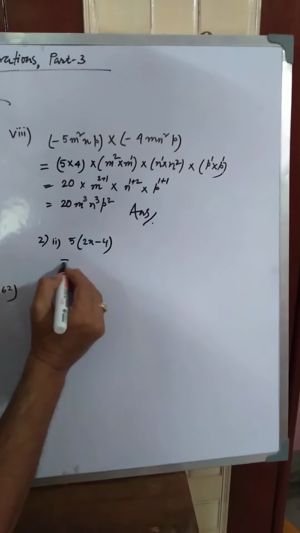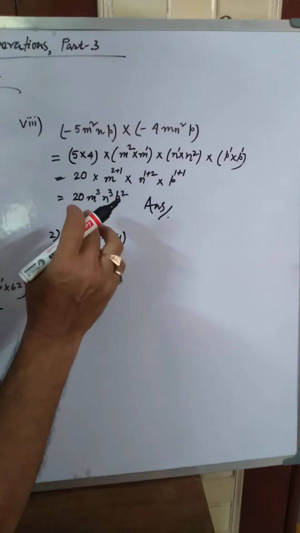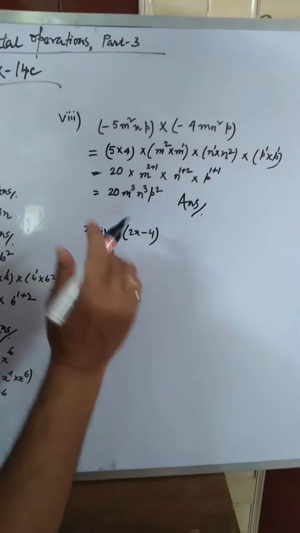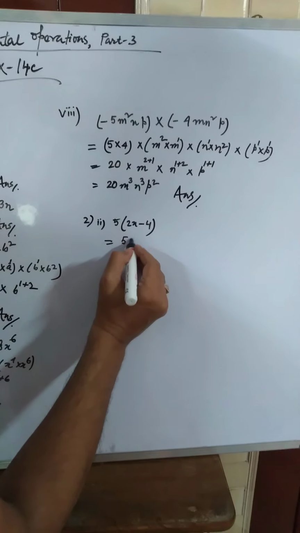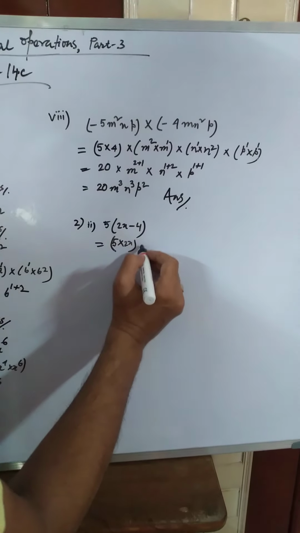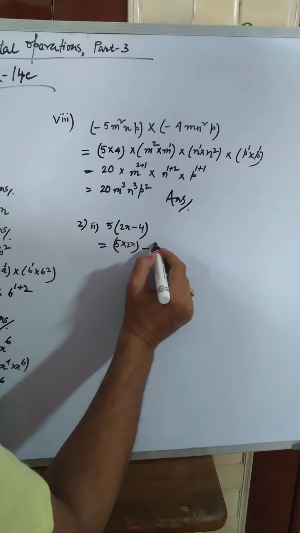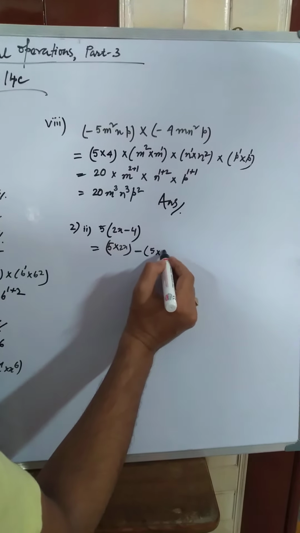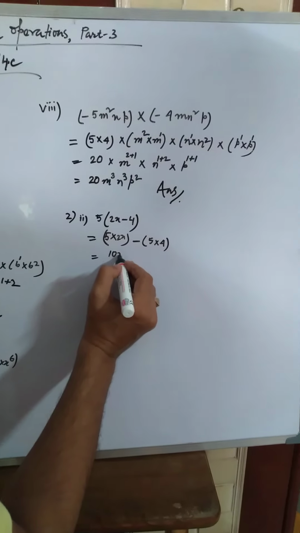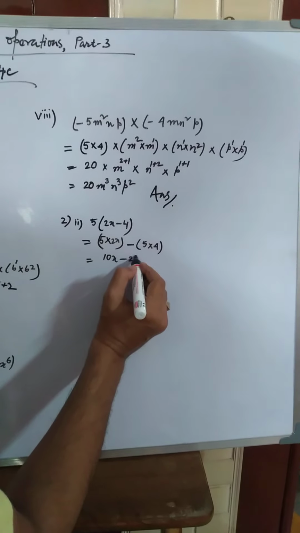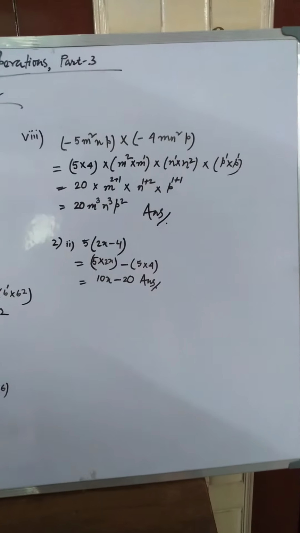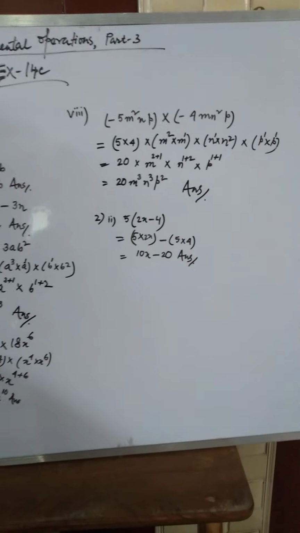So what you have to do, you have to multiply each and individual term inside the bracket with 5. So 5 into 2x. Now negative sign is there. 5 into 4. So 5 tens are 10x minus 5 fours are 20. So 10x minus 20 is the result.